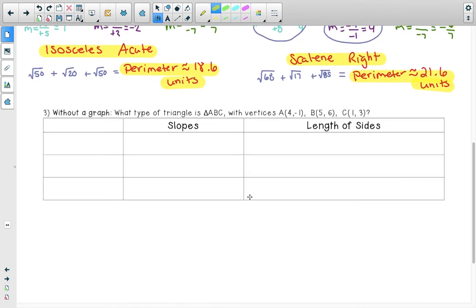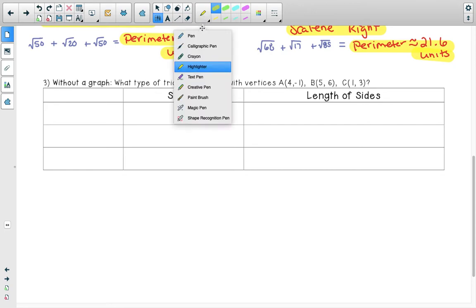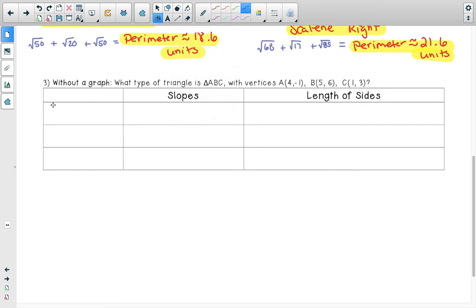So on this last one, it says without a graph, what type of triangle is triangle ABC with these vertices? So we're going to do the same thing we just did, but using just the coordinates. So we would have the 3 different sides. Our sides are using 2 letters at a time.